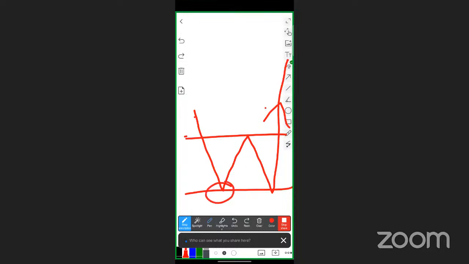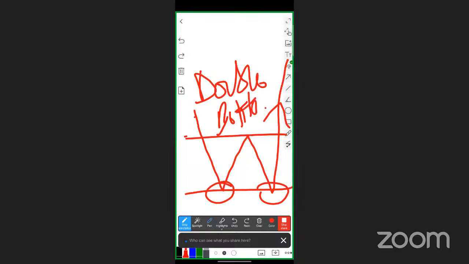So this and this is what we call a double bottom. Now, like we have had double bottoms, we can also have triple bottoms.